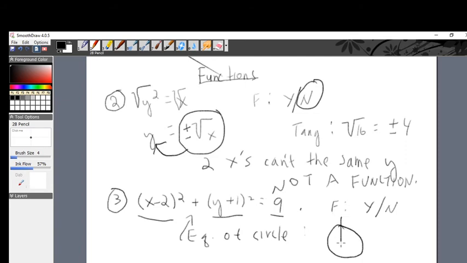And if you put a line through it, it fails the vertical line test, because a vertical line goes through 2 spots. It cuts through here and here, and therefore you answer no, this is not a function.